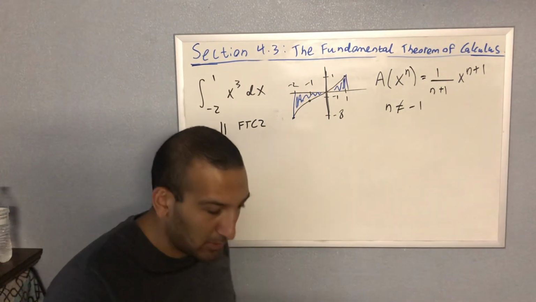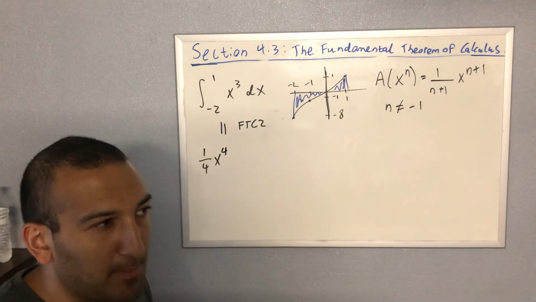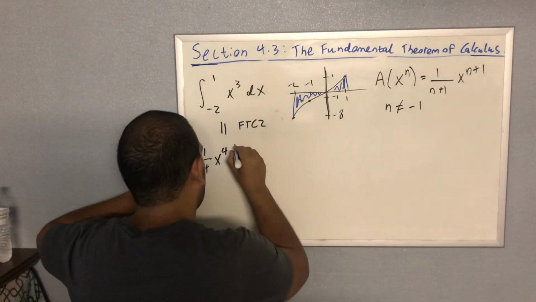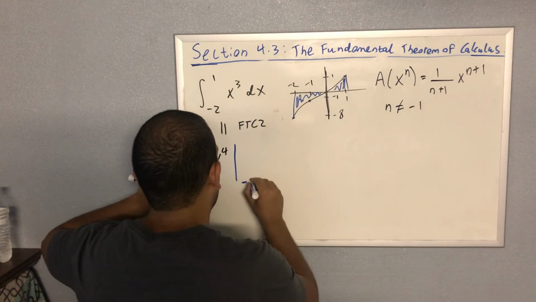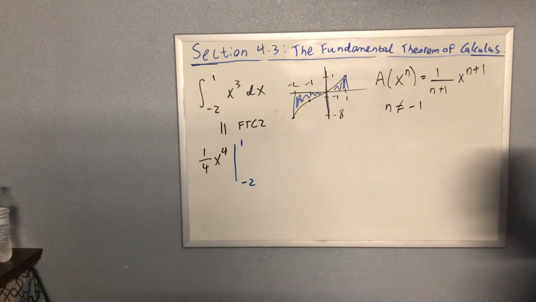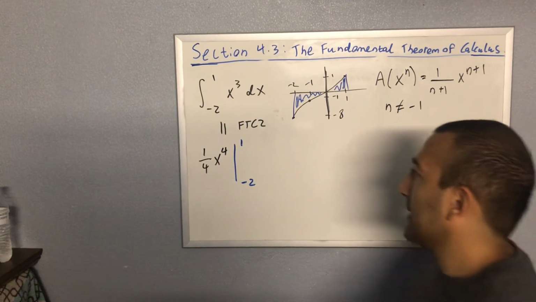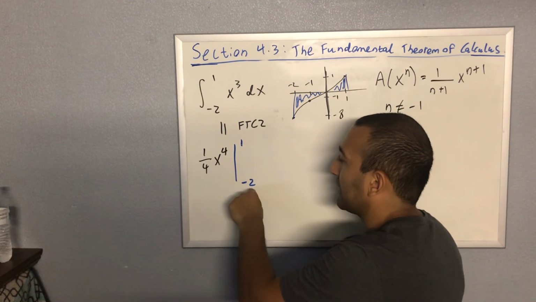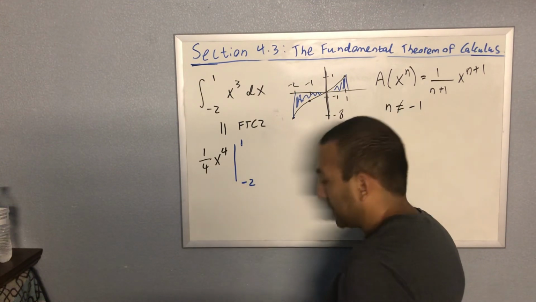And then here's some new notation that maybe you have seen or not, but we're going to put this vertical bar here and write -2 and 1. What does this mean? Well, this means stick this into your function and subtract it from when you stick this into the function.